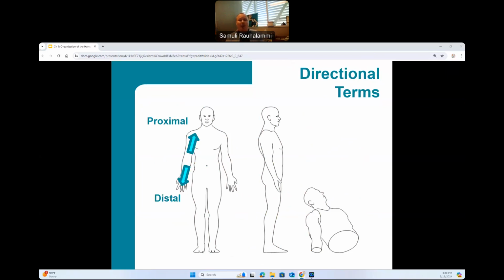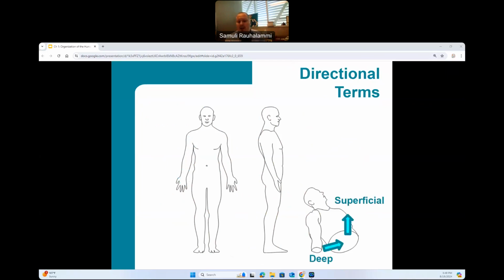We see these terms being used in other contexts as well. For example, I've done a lot of research on cardiac blood vessels that run at the surface of the heart. If we talk about the proximal portion of a vessel, that's where the vessel has really started recently. Distal is further downstream from that starting portion.